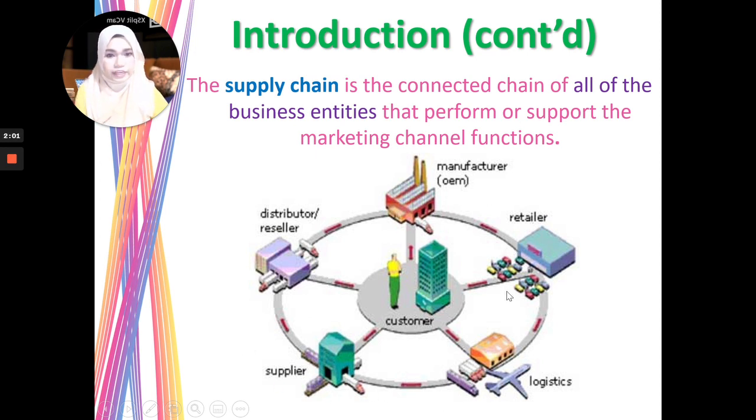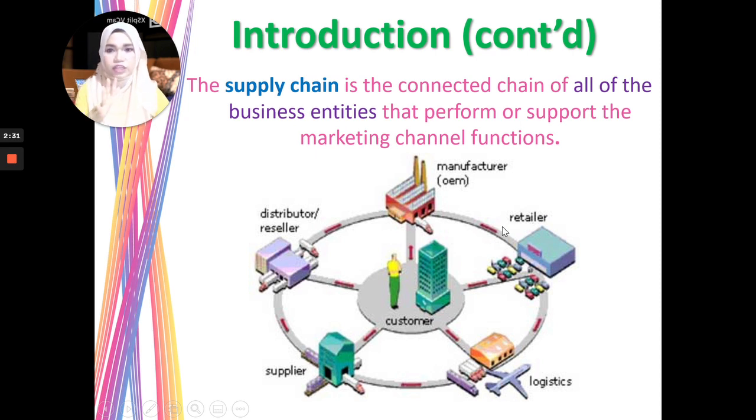Outside here, as you can see, this is actually a supply chain, which is the connected chain of all the business entities that perform or support the marketing channel functions. Retailers sell to the consumer. Retailers can get the products from the manufacturers, from the logistics companies, and they also get products from the suppliers, distributors or resellers.